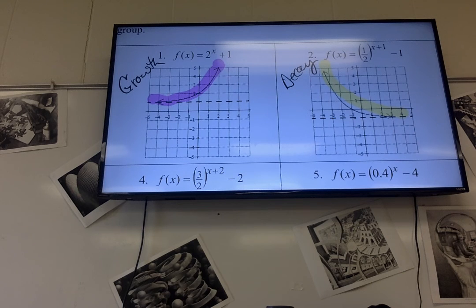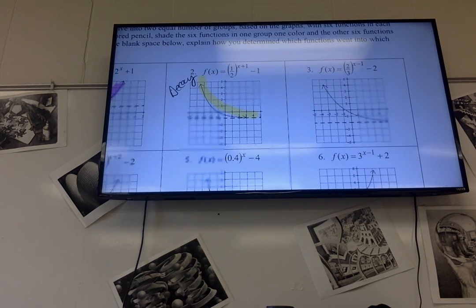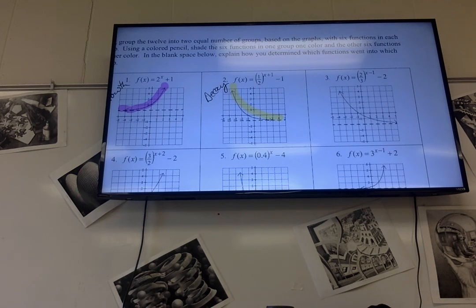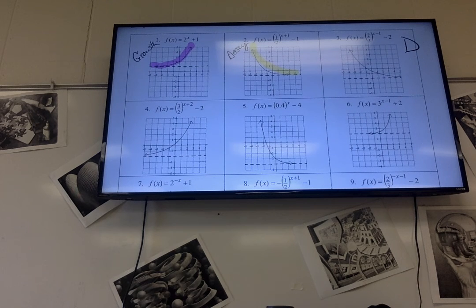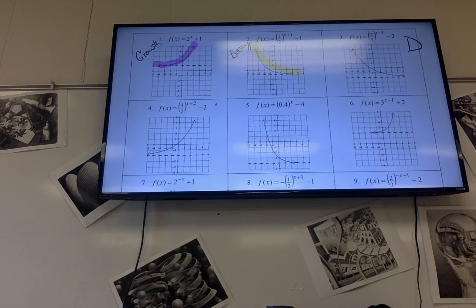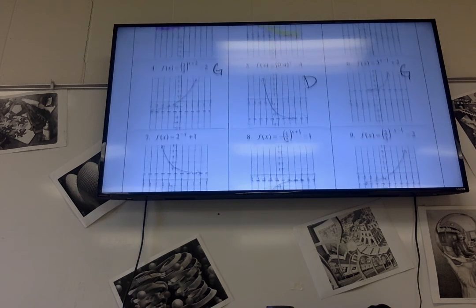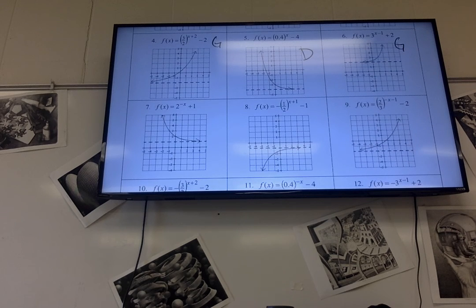Okay. Jack, number 3, what would that be? Decay. Decay, yep. Number 4, Gracie. Number 5, Jacob. Decay. Kenji, number 6. Yeah. Number 7, Emily.